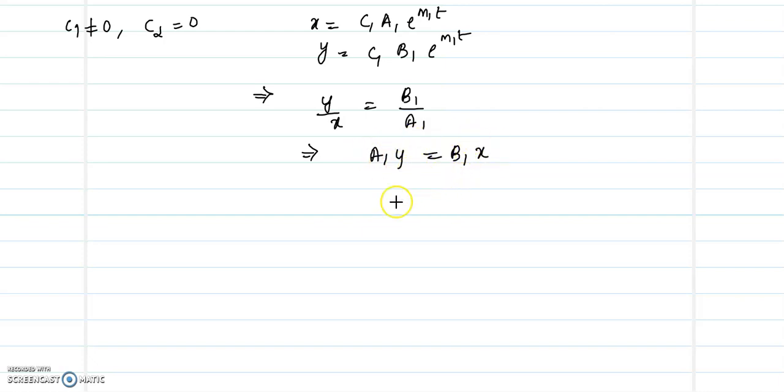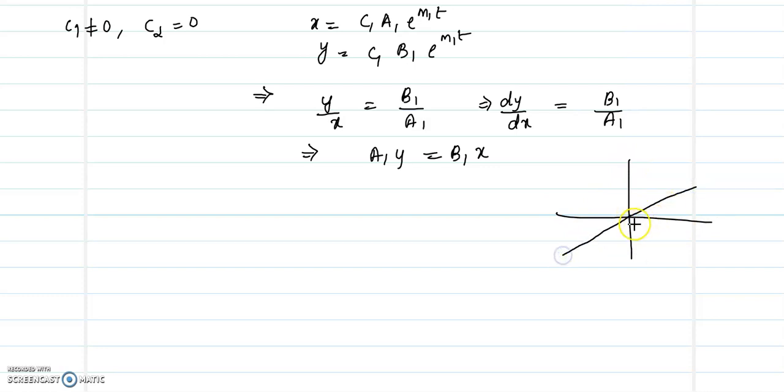As you can see, this is a line which passes through the origin. So y is b1 by a1 into x, therefore dy by dx will be b1 by a1. So this is a line with slope b1 by a1, and we get a line of this form passing through the origin.